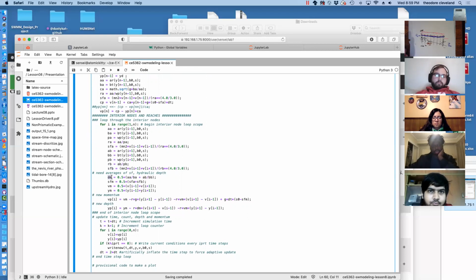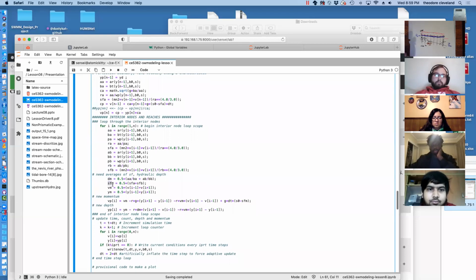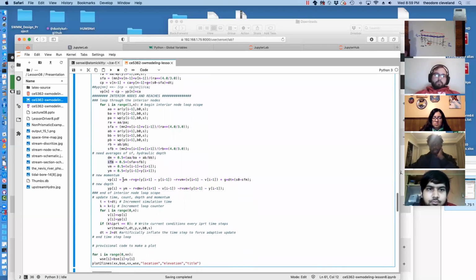Our geometric spatial averaging is shown here. Our friction slope spatial averaging is shown here as SFM. Our velocity spatial averaging and our depth spatial averaging. And now we have all the pieces we need to implement those two update equations. So the first thing we'll do is update the velocity term. Essentially that expression is the finite difference equation for velocity that was derived from the momentum balance.